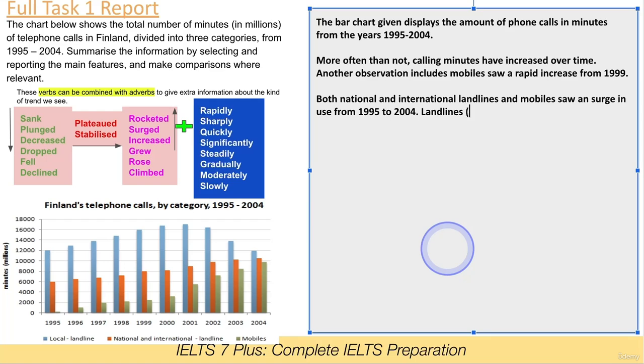Okay, let's dive in. Landlines. It's difficult to think of a synonym, maybe handheld phones, or it's tricky. I wouldn't spend too much time getting caught up, because sometimes when you think of a synonym and it's quite far off what you want to say, it becomes less accurate. So we'll stick with landlines. National and international started at 6,000.